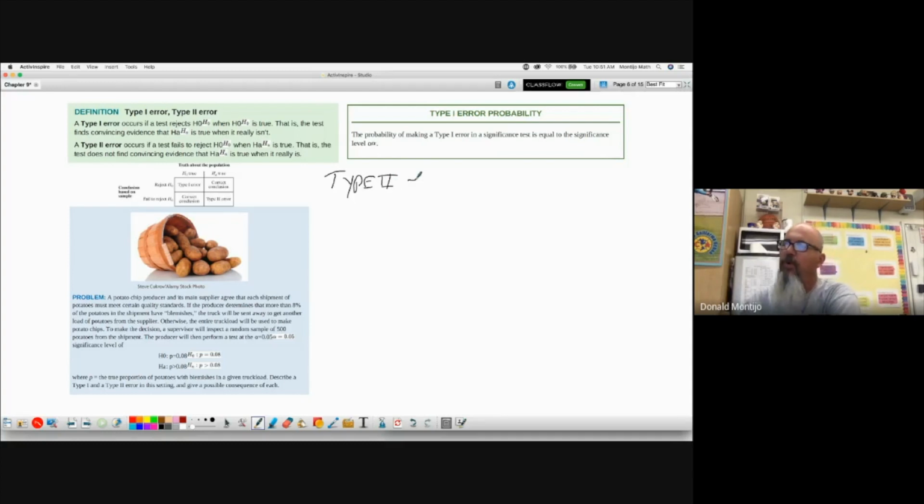Remember, type 2, we fail to reject when in fact it's false.